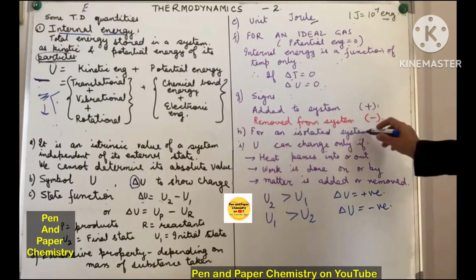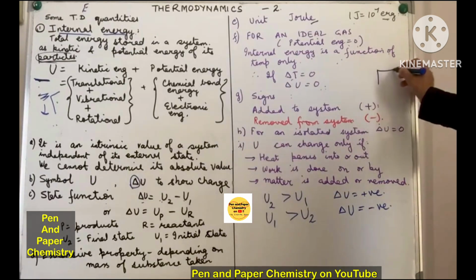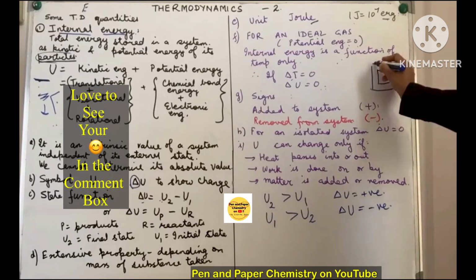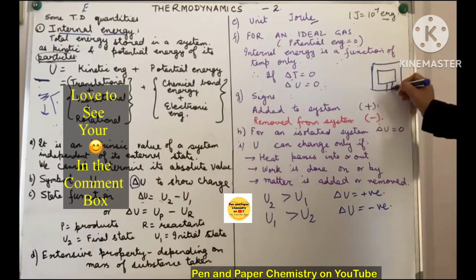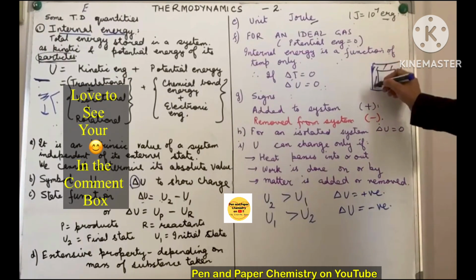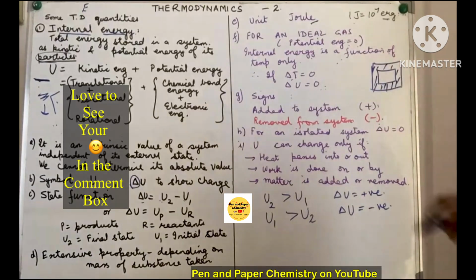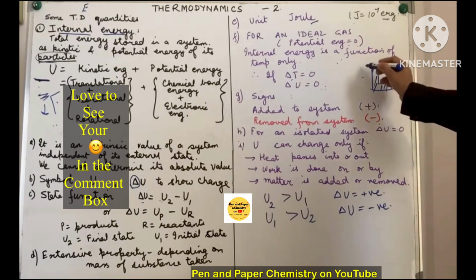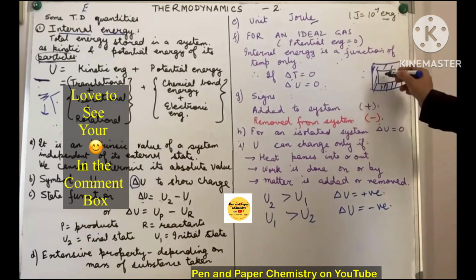For an isolated system, now here what we are talking about is a system which is completely cut off from the surroundings. In other words, it is insulated and tightly closed. Neither can mass escape nor more mass be added to it. Neither can it lose energy to the surroundings, neither can the energy of the surrounding enter it.